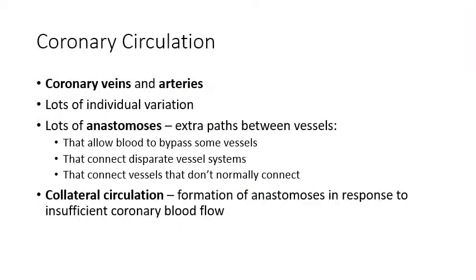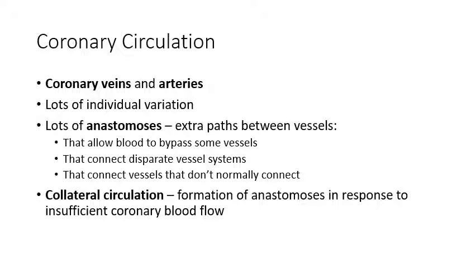In addition to the pulmonary and systemic circulation, you also have the coronary circulation, which is basically part of the systemic circulation actually, but that is the blood flow to the heart itself. The coronary circulation includes the coronary veins and the coronary arteries. Coronary arteries deliver blood to the heart wall.